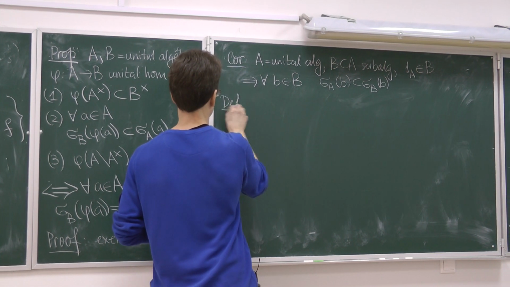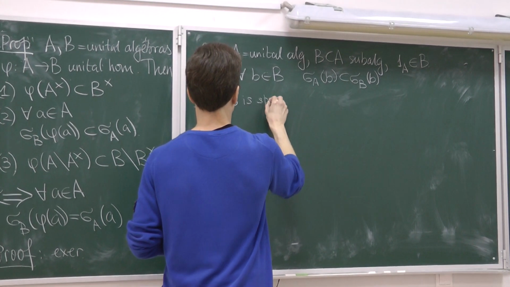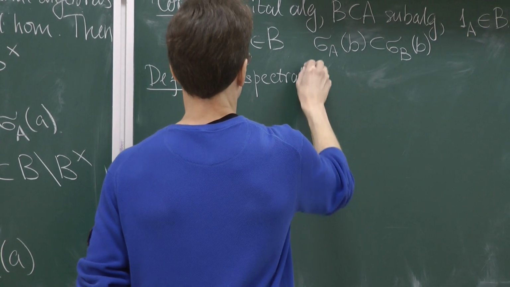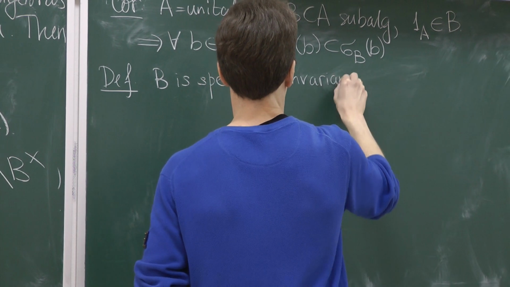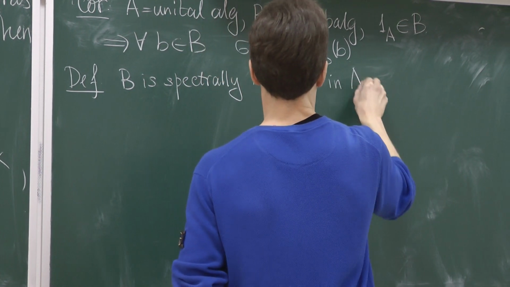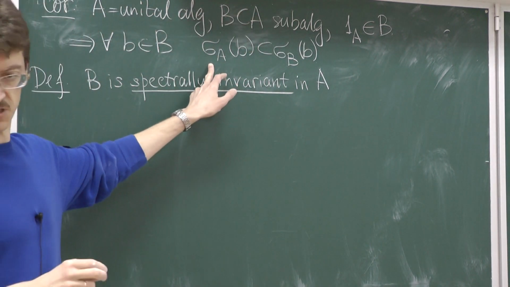So we give the following definition. We say that B is spectrally invariant in A if this inclusion is an equality.